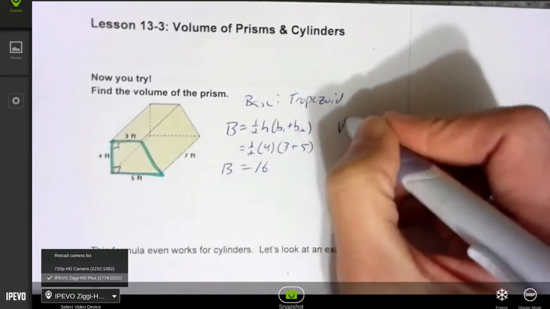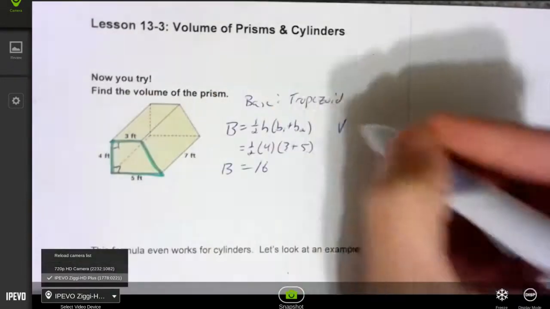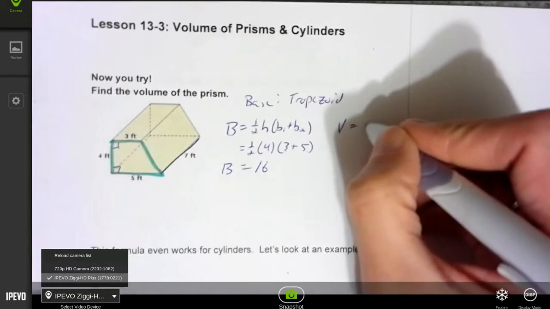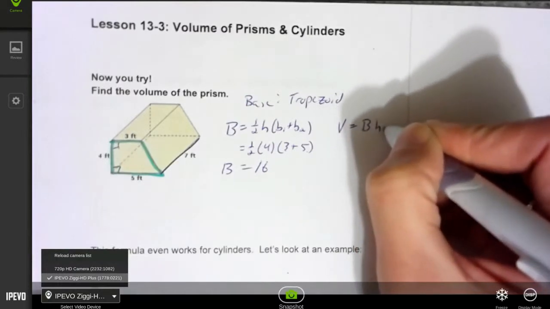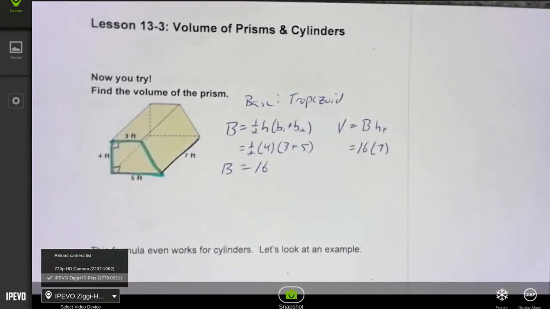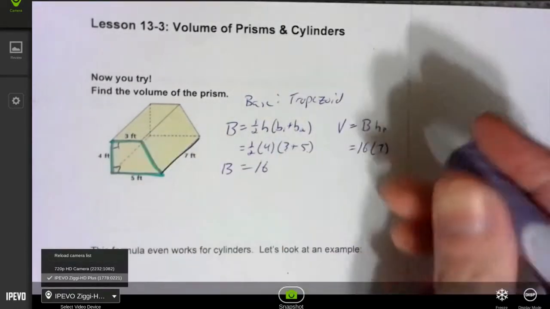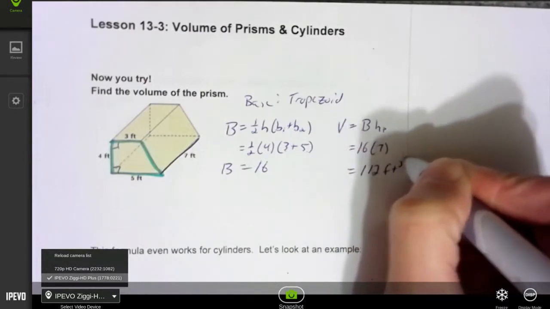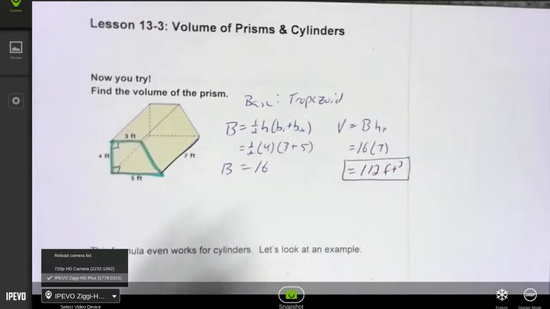Now go find the volume. Okay, hopefully you realize the height of the prism is the 7. So I'm going to take the area of the base times the height of the prism. So that's 16 times 7, and 16 times 7 will give me 112 cubic feet.